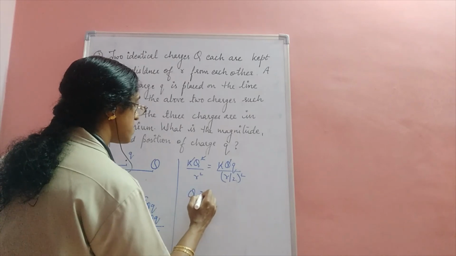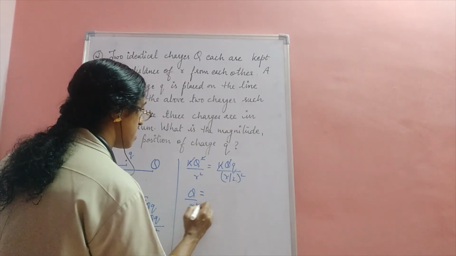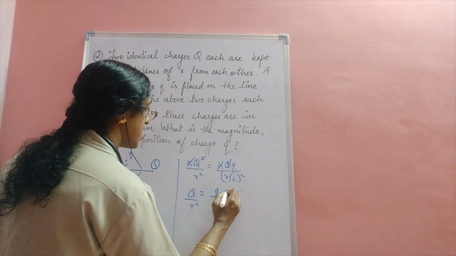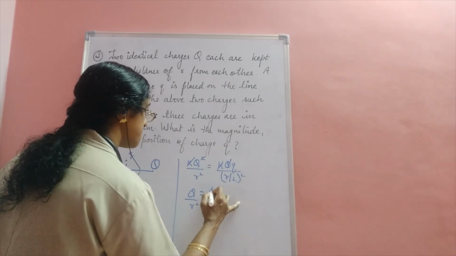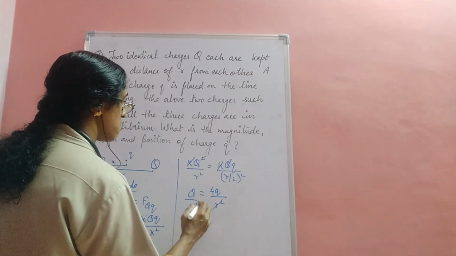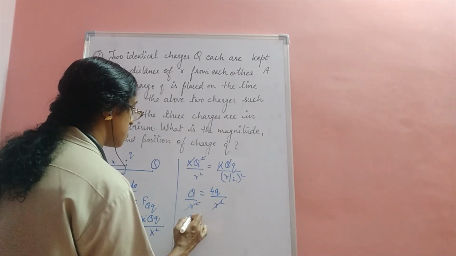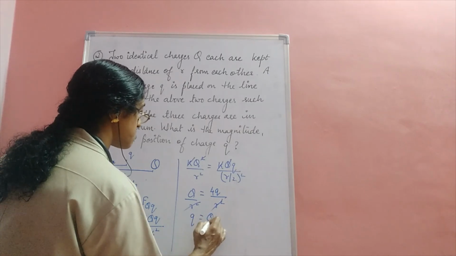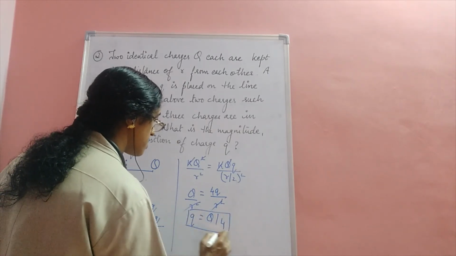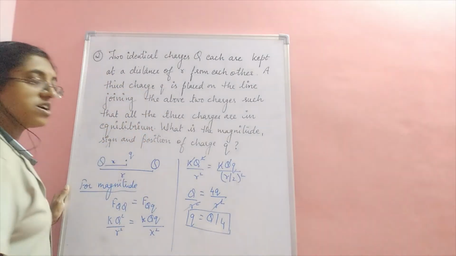Q by r square is equal to q upon r square by 4. r square gets cancelled. So, what is the magnitude of the small charge? q would be equal to Q by 4. So, this is the magnitude of the charge.